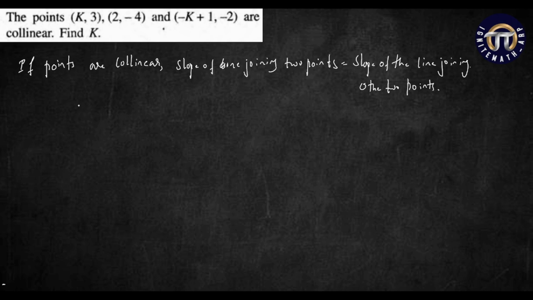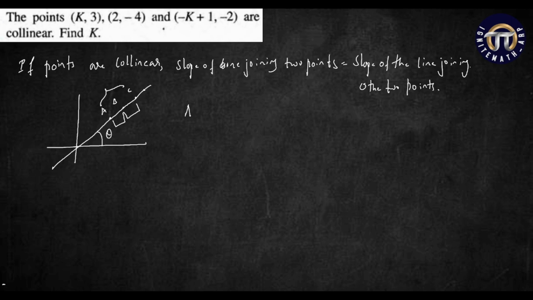Okay, in the sense, children, pay attention. If these points are lying on the same line, then when I draw the line, it is going to make the inclination theta only with the x-axis. So the slope of the line joining AB is the same as the slope of the line segment joining BC, which is equal to the slope of the line segment joining AC also.